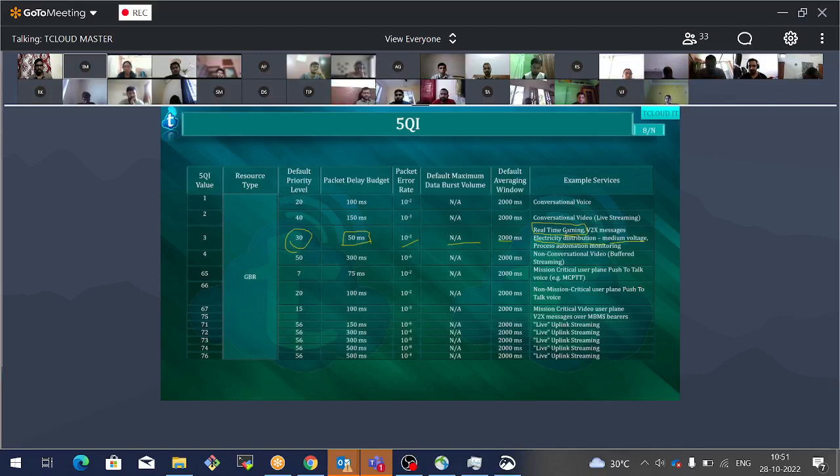So obviously, in real-time gaming, more importance is on delay. So delay should be less, but priority is 30. It is lower than voice. So when fighting for the resources at the same time, 20 and 30, you give priority to voice traffic instead of sending the gaming data.